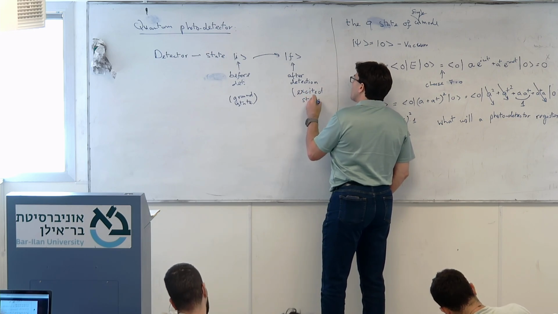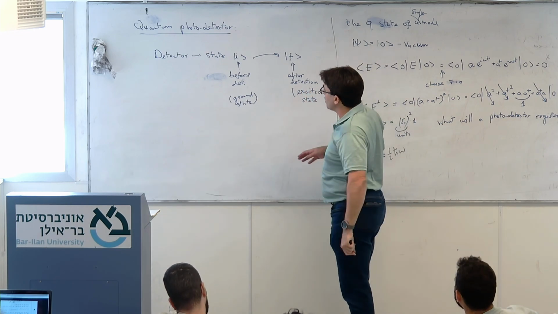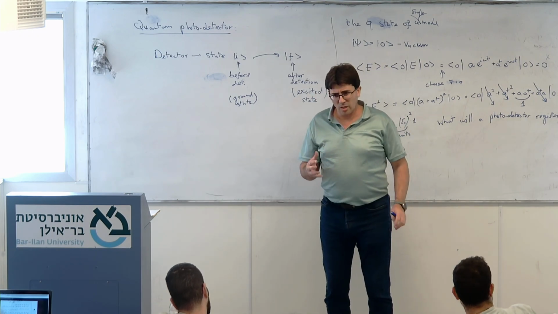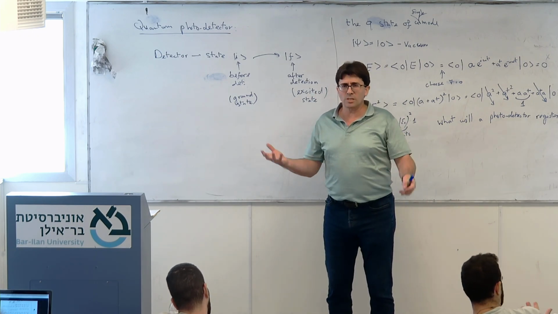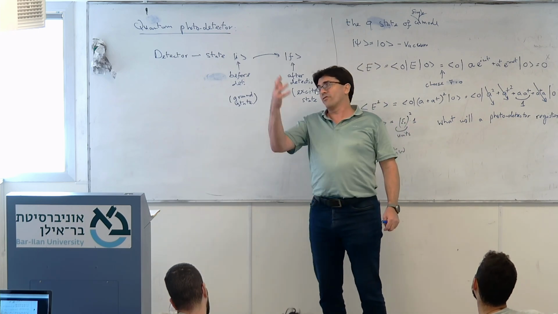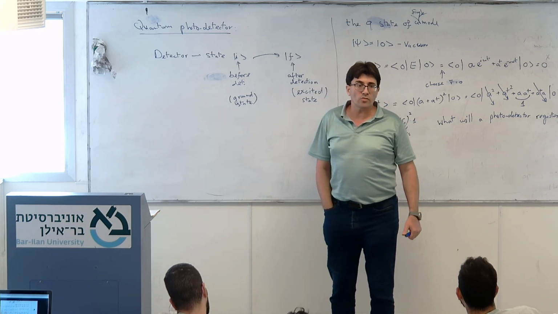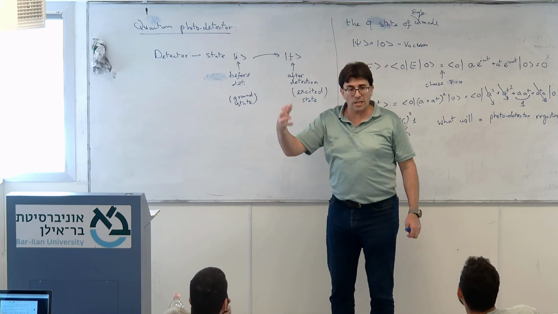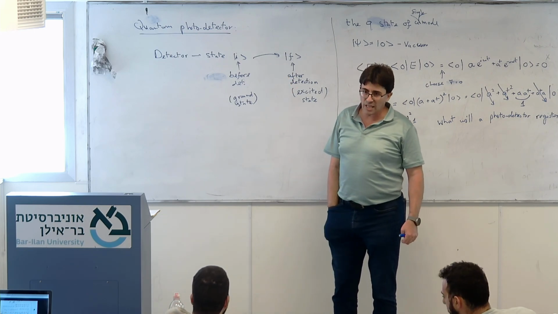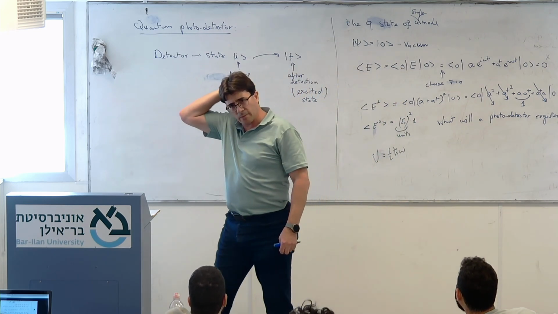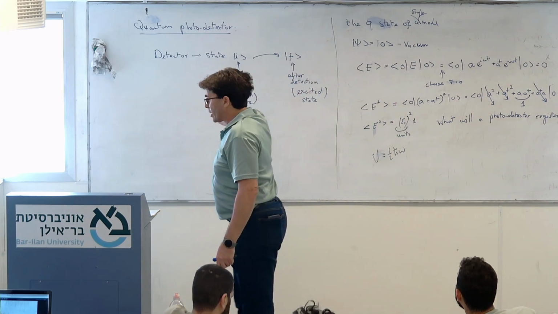Now I should be a little bit more careful, because a detector is not a single electron, it's not a single atom. There are actually many atoms in a detector, and one of them got excited, or one of them got ionized, released an electron due to the interaction with light, and this electron is what I detect.